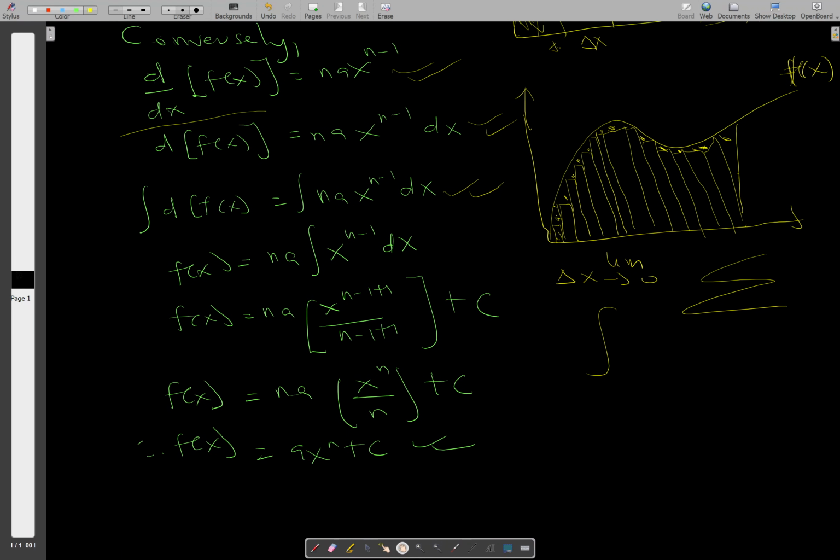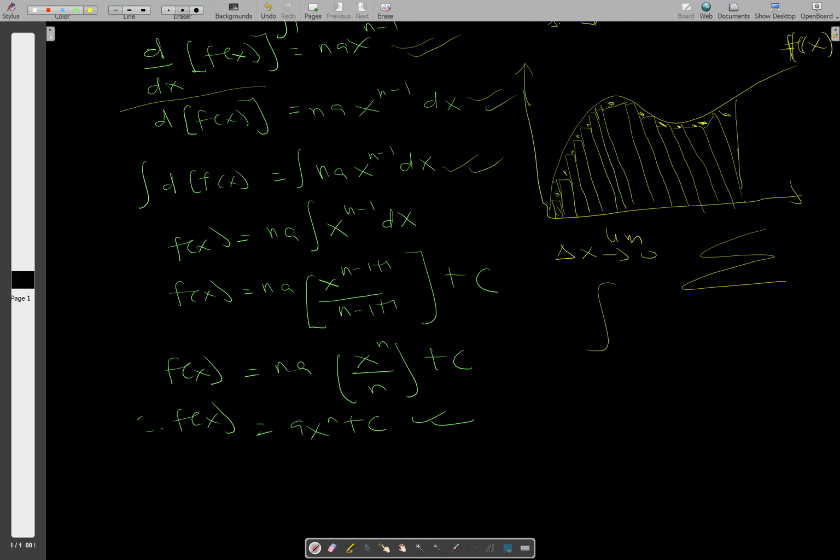Per the rules of integration, n is a constant, that's the exponent, and a is also a constant. Since the integral sign is a linear operator, you can bring the constant out of the integral sign. So we get this.